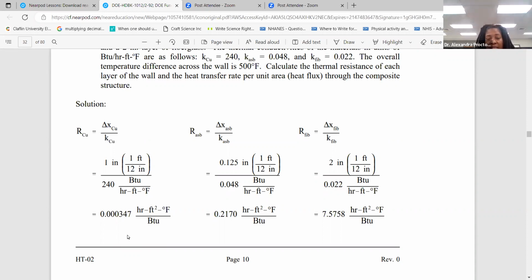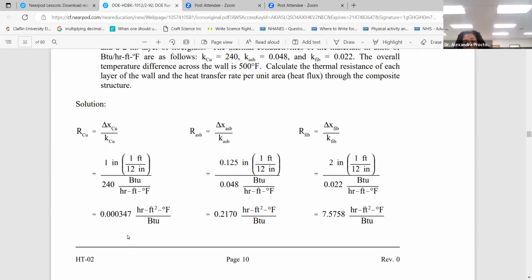For asbestos, they have 0.125 inches times that conversion factor, 1 foot over 12 inches, divided by that K, which is 0.048 BTU per hour foot degree Fahrenheit. And so that R for asbestos is 0.2170 hour foot squared degree Fahrenheit per BTU.